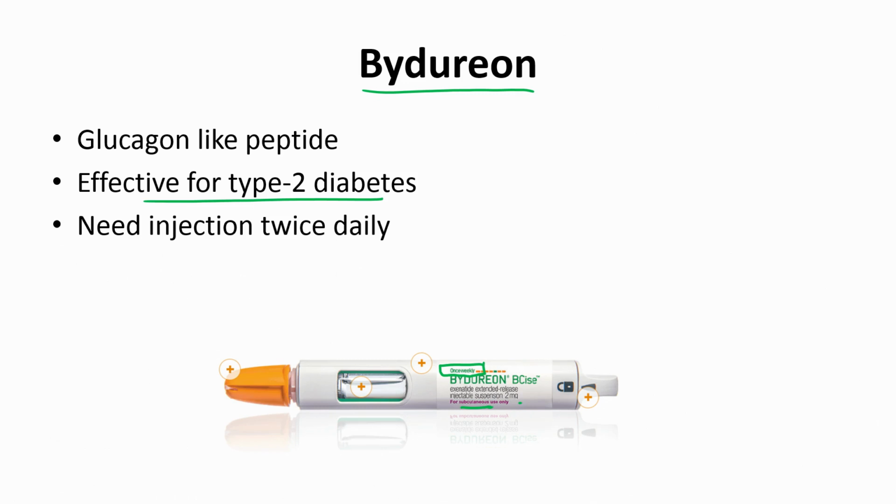And before this product was launched, you needed to inject twice daily. If I am suffering from type 2 diabetes, I will have to take this glucagon like peptide pretty much every time after I eat something, or at the very minimum twice every day. Of course, that is not very ideal, because you can imagine this is a chronic disease.